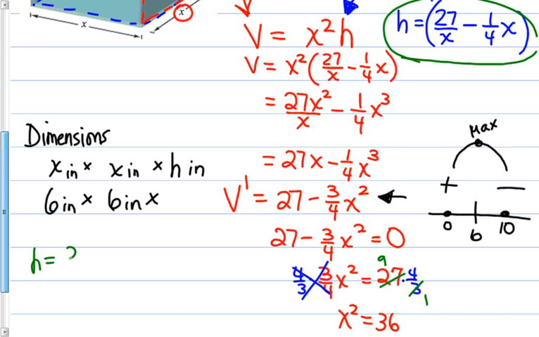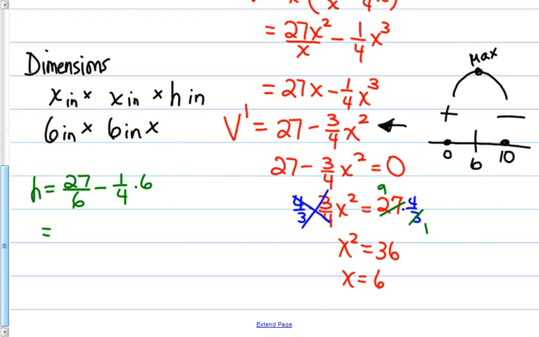So h equals 27 over x, which is 6, minus 1/4 times x, which is 6. So 27 divided by 6 is 4.5. Minus, and then 1/4 times 6 is 6 over 4, which is just 1.5. 6/4 is 3/2. Okay, 4.5 minus 1.5 is a big whopping 3. So there are my dimensions, 6 by 6 by 3.